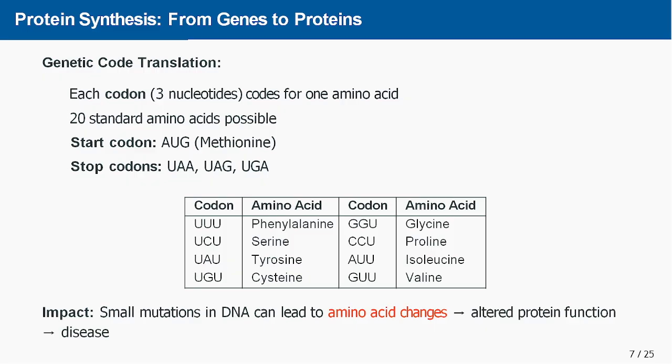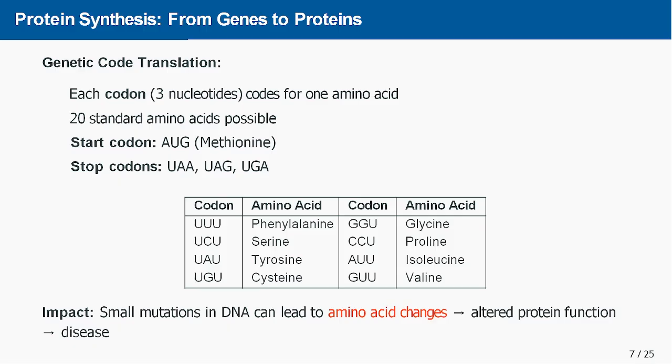So, as you can see from the table, if we have all U, meaning all 3 uracils, then that will give rise to phenylalanine. Then if it is UCU, then serine. Then UAU will give rise to tyrosine. UGU is cysteine. So like that, we have different codons which will give rise to different amino acids.